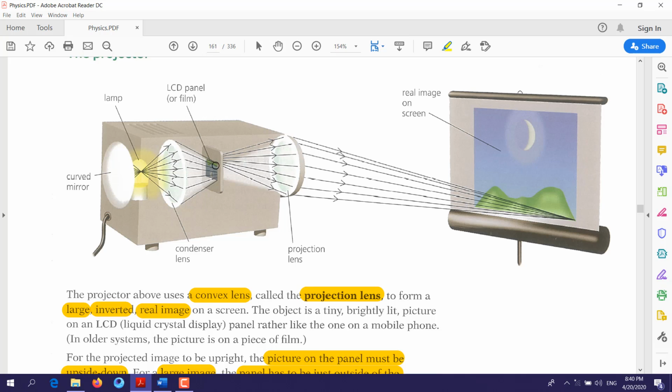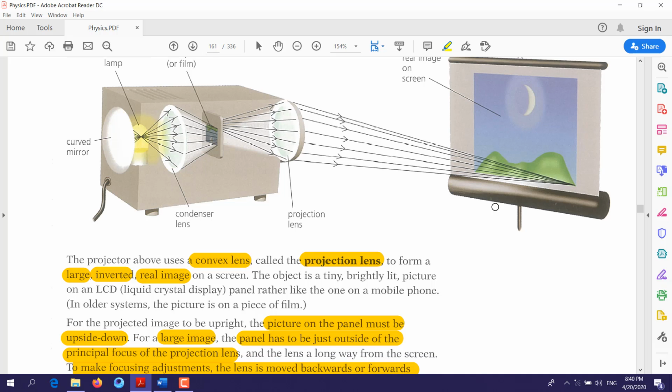The image here will be upside down. Because it's upside down, when the light passes through the projection lens, it will invert it. So it will now be shown here as an upright image.